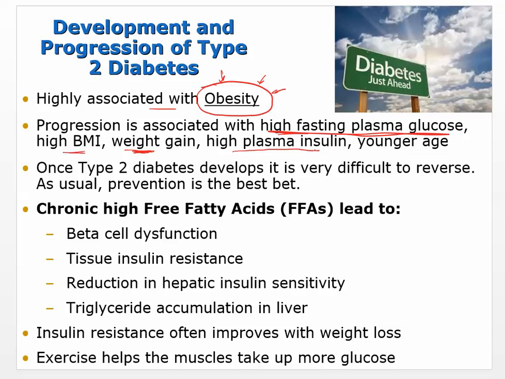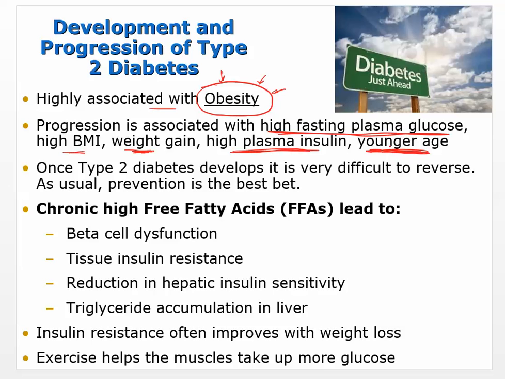High plasma insulin. So we also see that. We also see initially an increase in insulin because of that negative feedback. It's trying to get rid of the glucose, but after a while, it just sort of gives up, so to speak, in a physiological way. And younger age. So if you're younger, then you're going to see more progression.